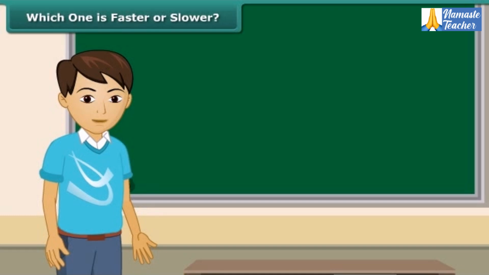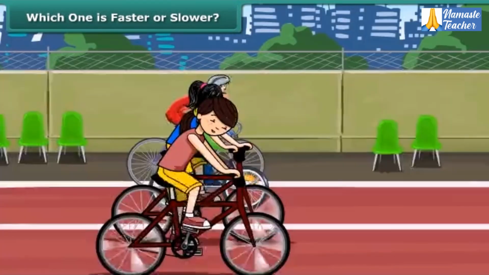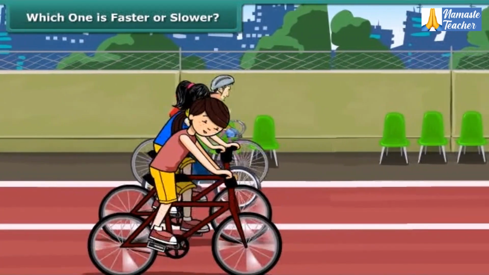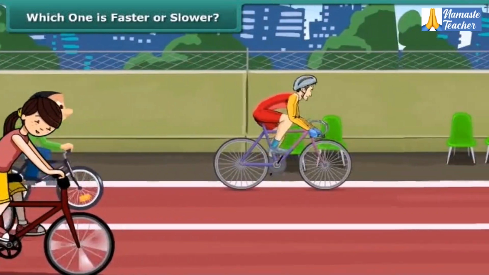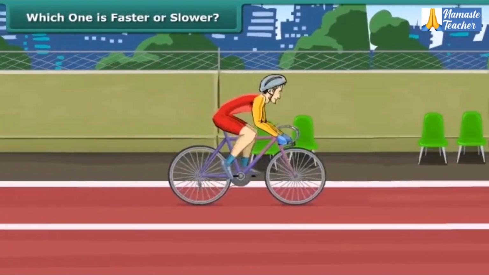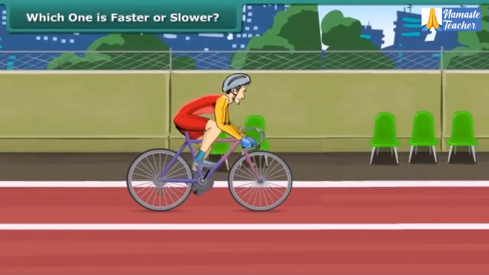To do that, you must calculate the distance covered by both the objects in the same time interval. Consider a 1,000-meter cycle race. When the whistle blows, the race begins. Every cyclist starts at the same time. Suppose after 10 minutes, one cyclist reaches the finishing line.